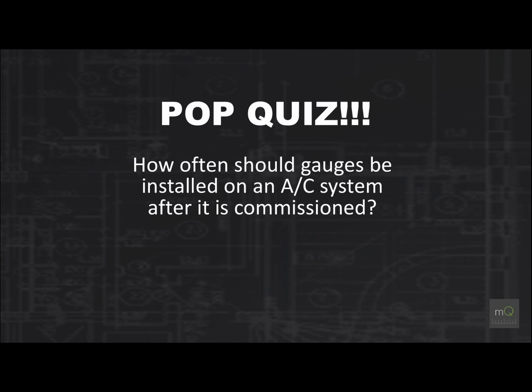So most of you guys for your entire career have been going out and hooking up gauges to every system that you work on, right? But I want you to think about this for just a second. How often should the gauges be installed on a system after it's commissioned? Think about this as your refrigerator at home.